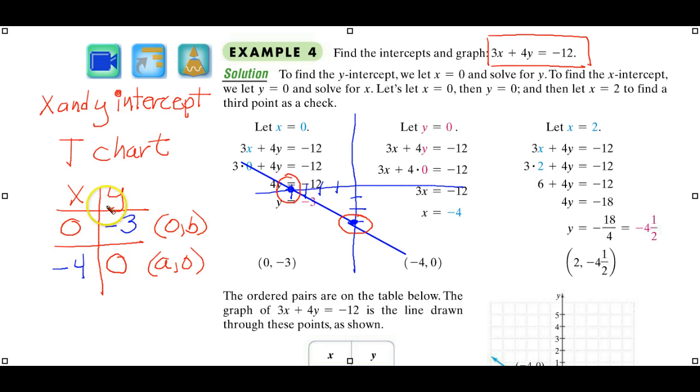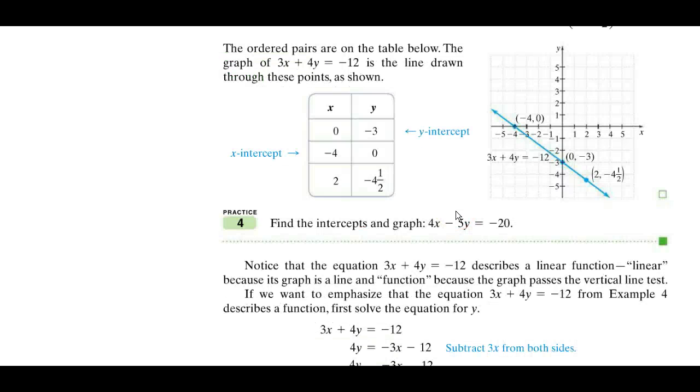We use this little t-chart as a tool when it's in standard form, substituting in one case x is 0, and then later y is 0, and we get our y-intercept and our x-intercept. And there's the official graph of it.